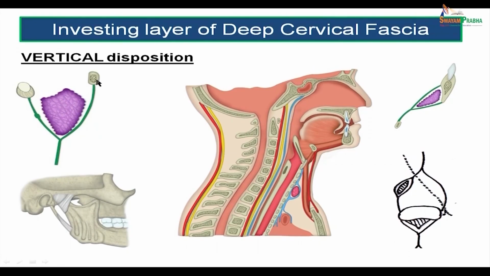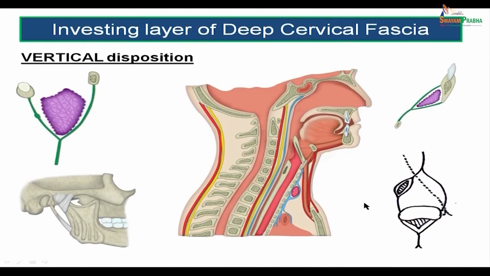It goes up and attaches to the zygomatic process, it attaches to the tympanic plate, it attaches to the styloid process, and there the posterior layer forms the stylomandibular ligament.